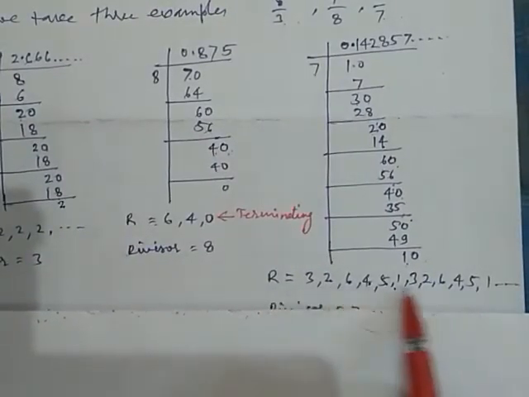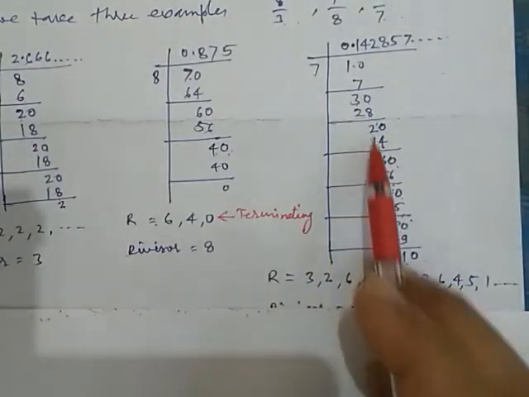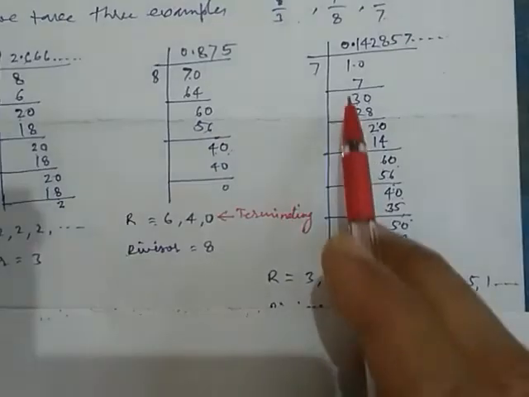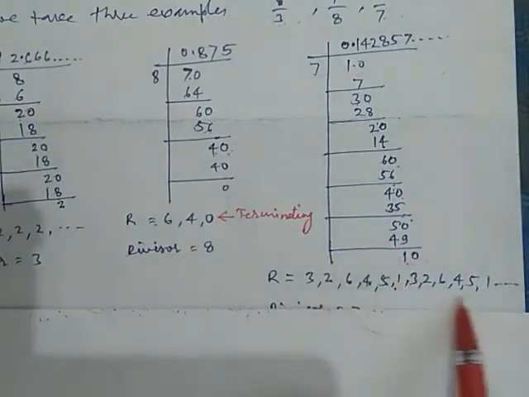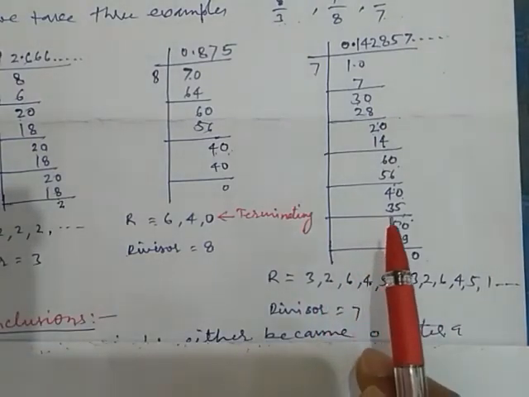Okay, here we can see the remainders are 3, 2, 6, 4, 5, 1. 3, 2, 6, 4, 5, 1. And again after 1, 3, 2, 6, 4, 5, 1. So this is repeating but not terminating. Okay, so this way we found the decimal expansion.